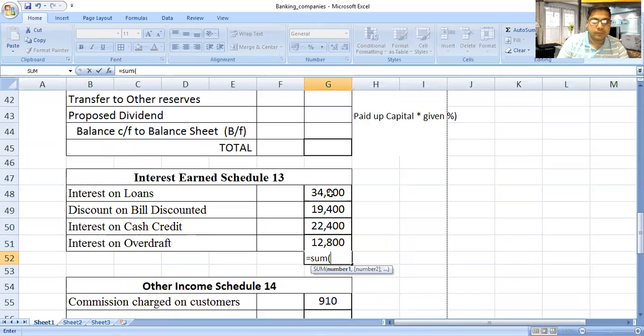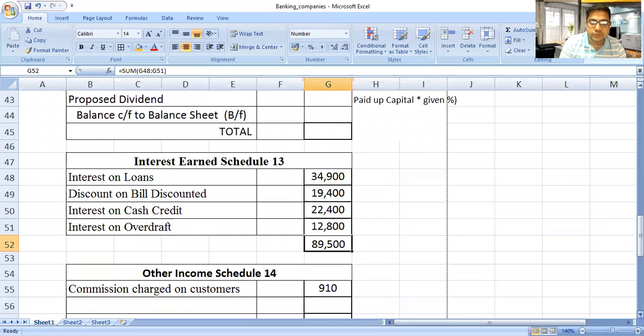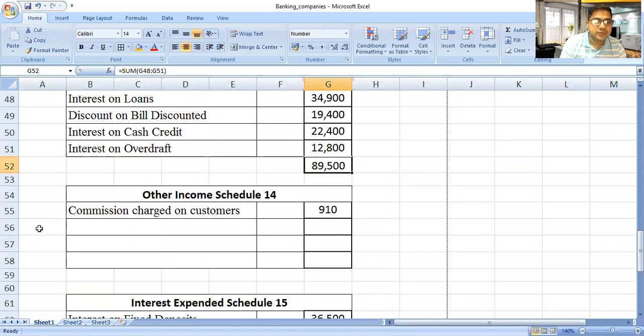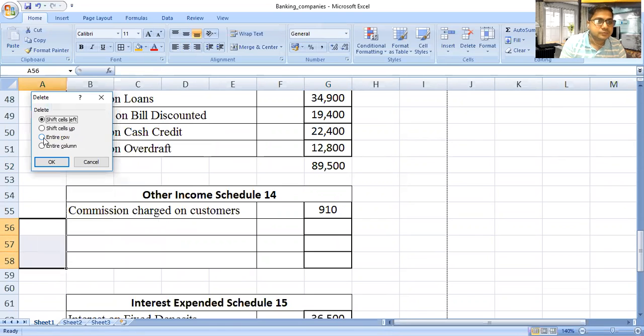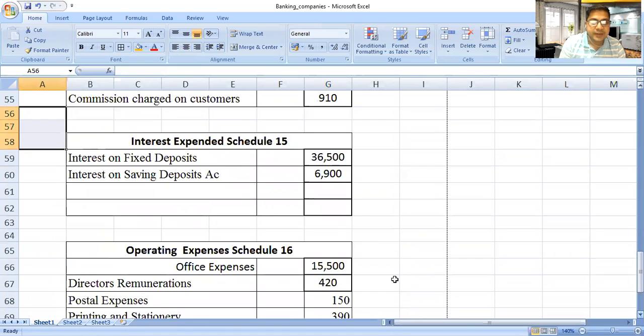Sum. Schedule number 13 interest total is 89,500. Then next, other income total. No need to find the other income total because only one item is there. The total is 910. Then interest expended, we have to find the total.